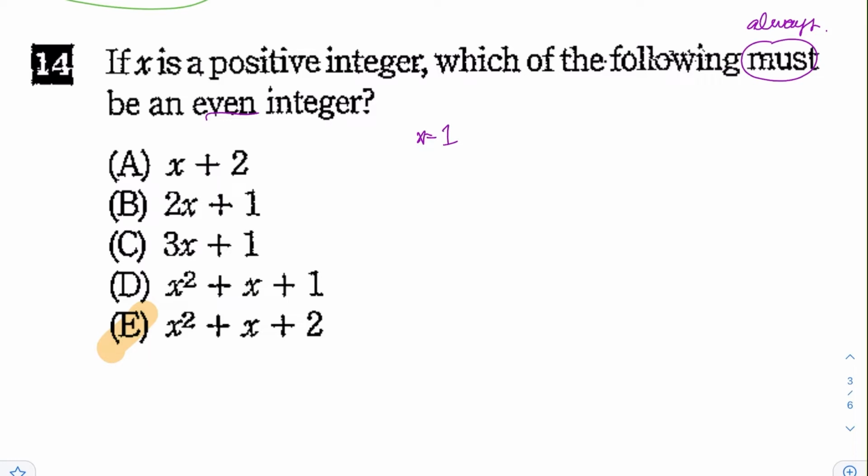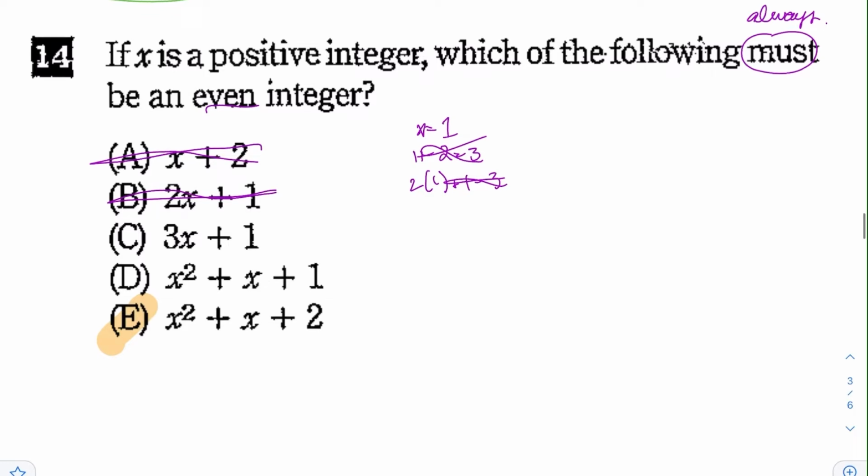So for choice A, if x is equal to 1, you have 1 plus 2, and that's equal to 3, and that's not even, so you eliminate A. For B, you have 2 times 1 plus 1, which is equal to 2 plus 1, which is going to be equal to 3. That's not it.